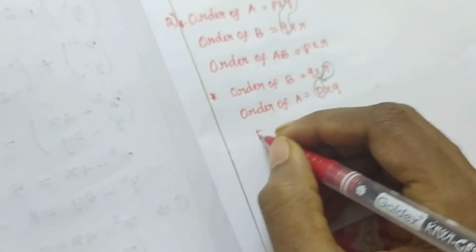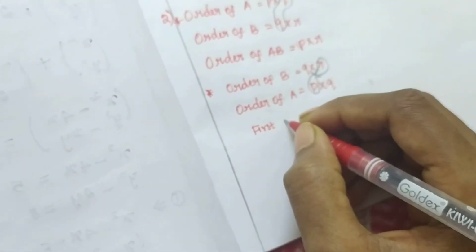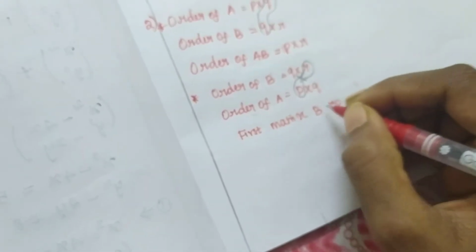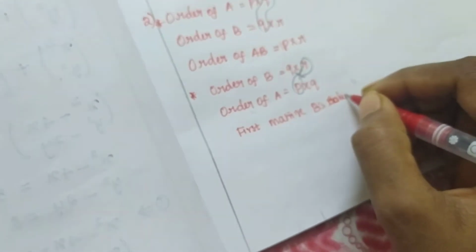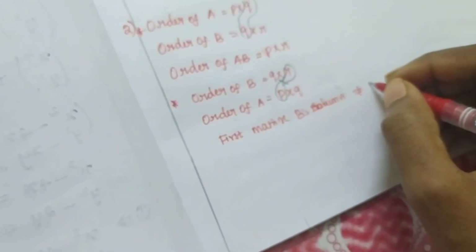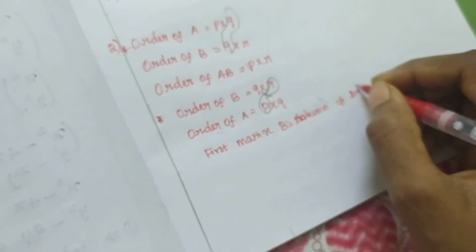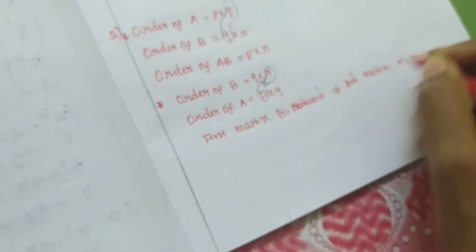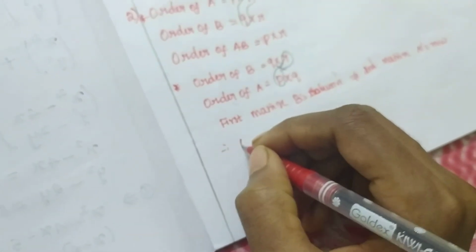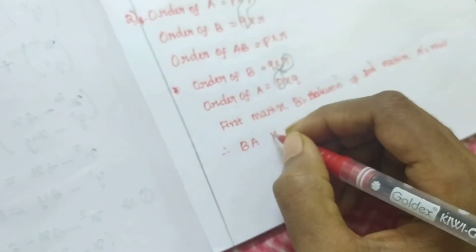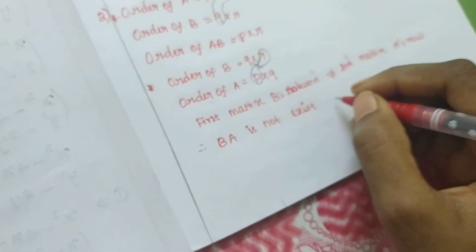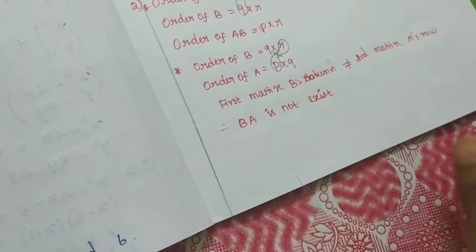The first matrix B's column is not equal to the second matrix A's row. Therefore BA does not exist. Okay, so BA does not exist. That's a major rule.